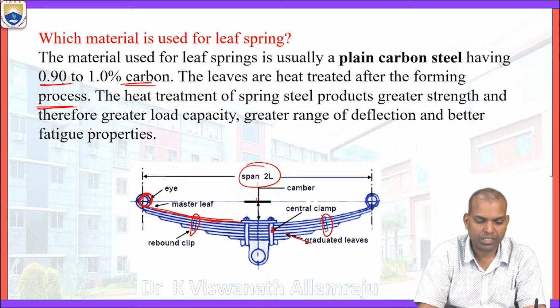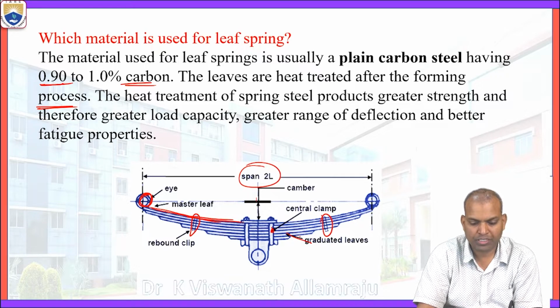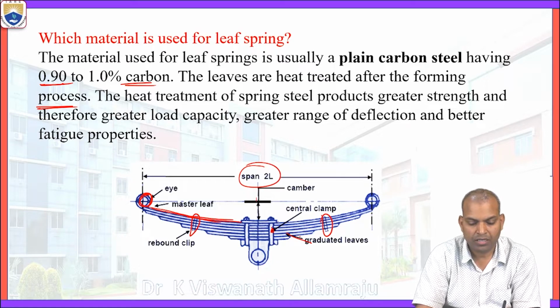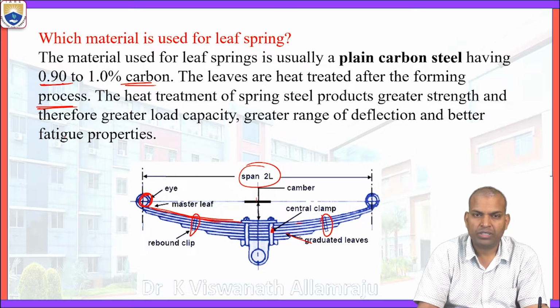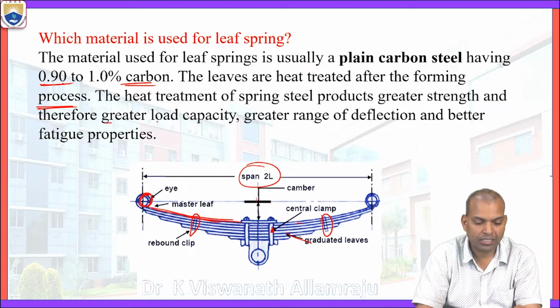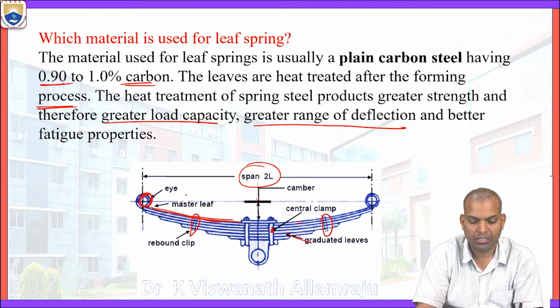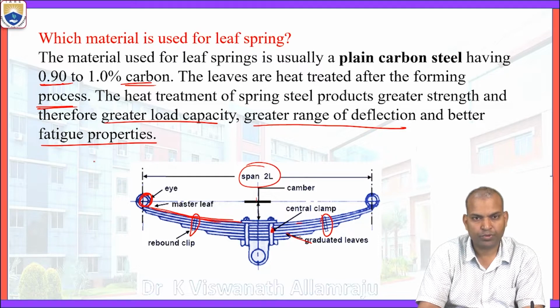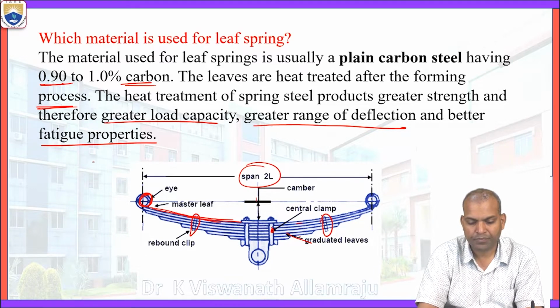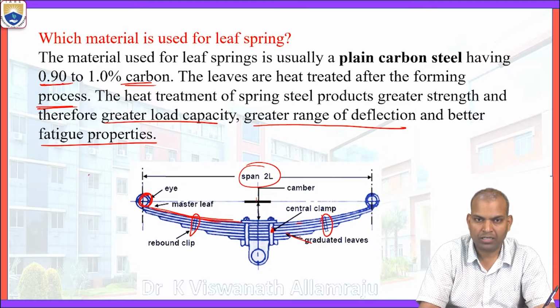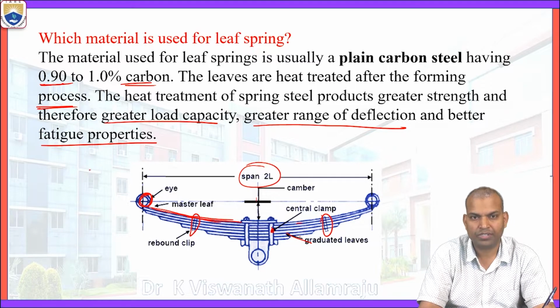Heat-treated plain carbon steel, also called spring steel, has greater strength, and because of this it has greater load capacity without getting distorted, a greater range of deflection, and better fatigue properties. The fatigue strength is high.